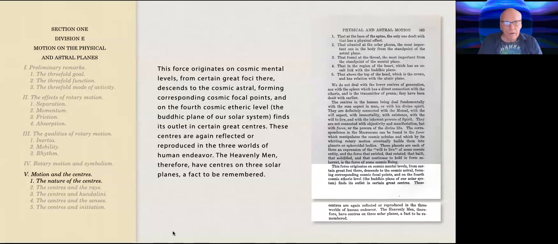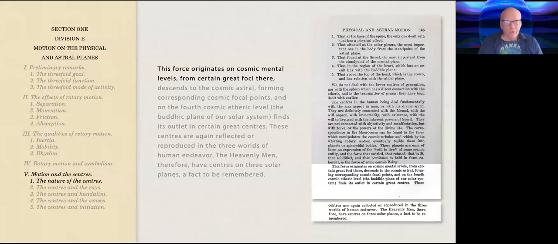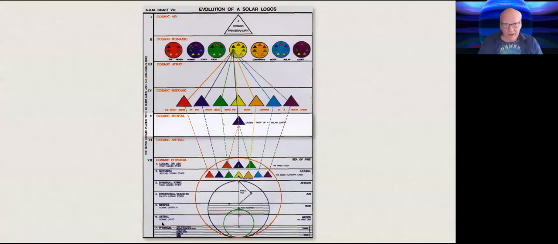Thank you, Carol. Okay, first, this force originates on cosmic mental levels from certain great foci there. So the force here described is the cosmic will to live. This will to live, also called the will to be, demonstrates as the electric fire of the first aspect, which emanates from cosmic mental levels, becomes colored by will/desire on the cosmic astral plane, and results in manifestation on the dense physical plane.